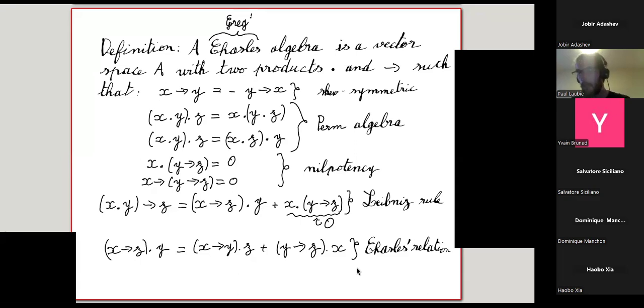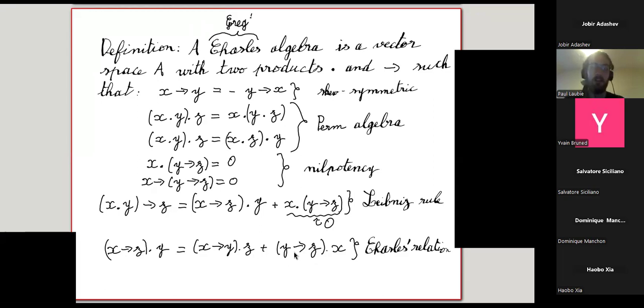I didn't use this name of Schar algebra, and this is a remark of Muriel Ivernay, who told me that the Greg relation is really a Schar relation. Why? Because it is saying that to go from x to z is the same as going from x to y and then going from y to z.